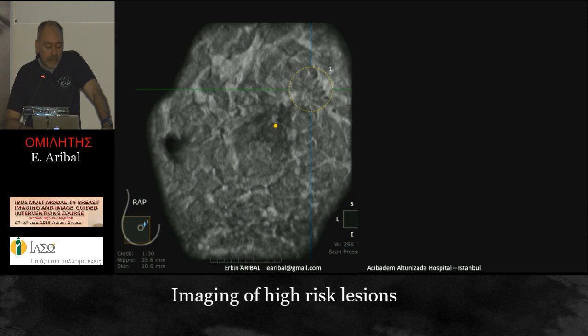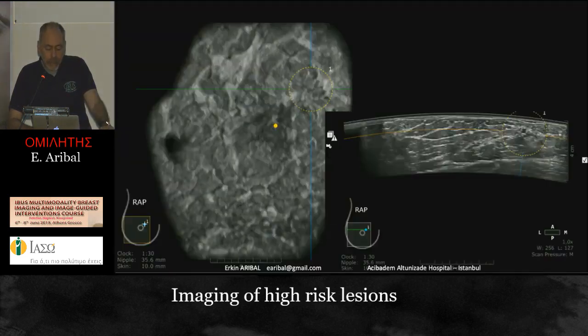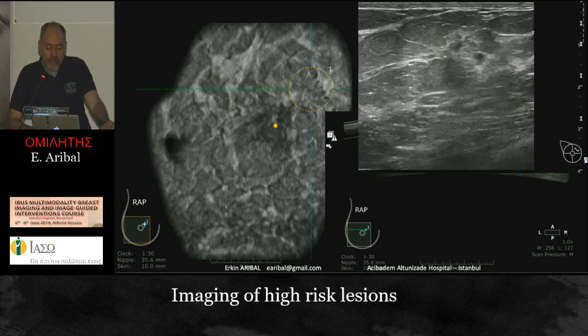Here is an automated breast ultrasound finding of a patient who didn't have any findings on mammogram. Here you see some distortion on the coronal view. There is the transverse image, and this is the transverse image finding of the handheld ultrasound.